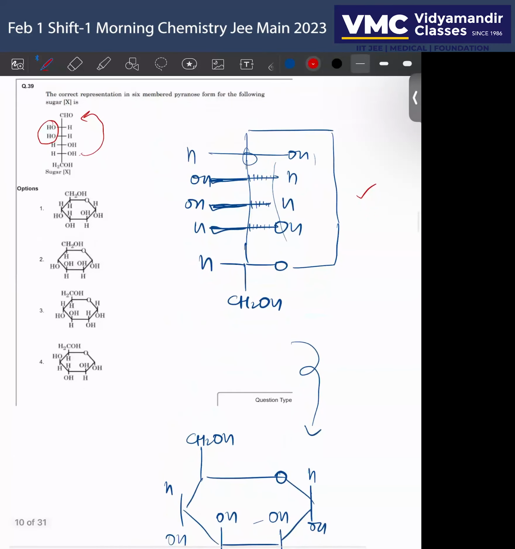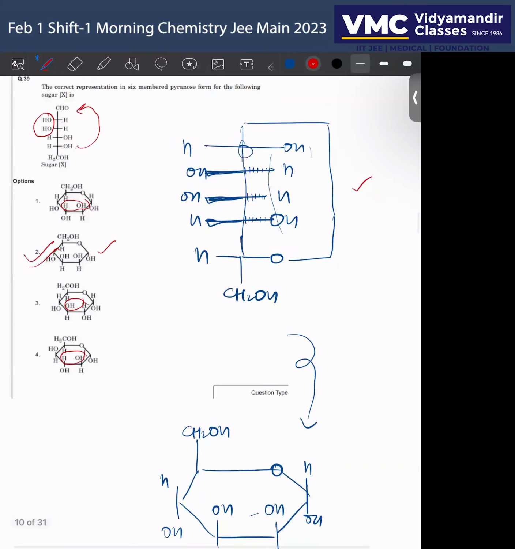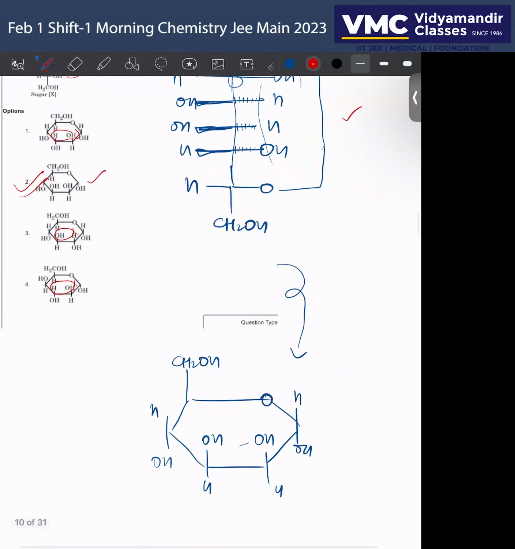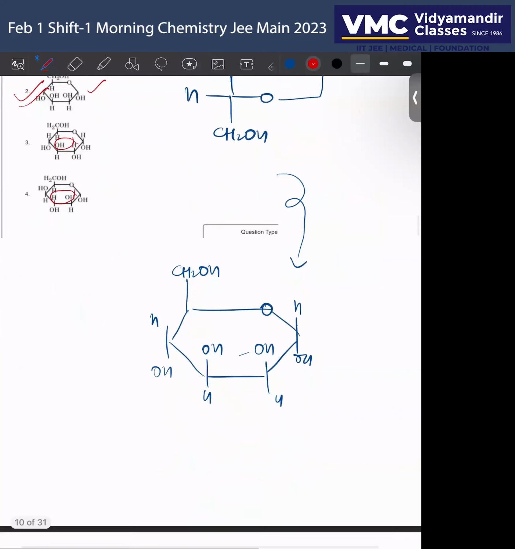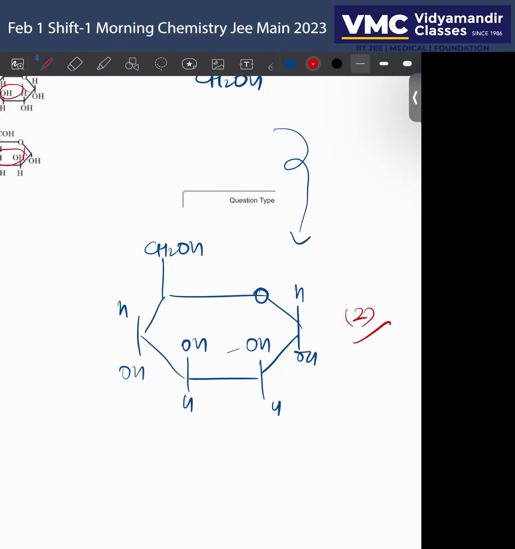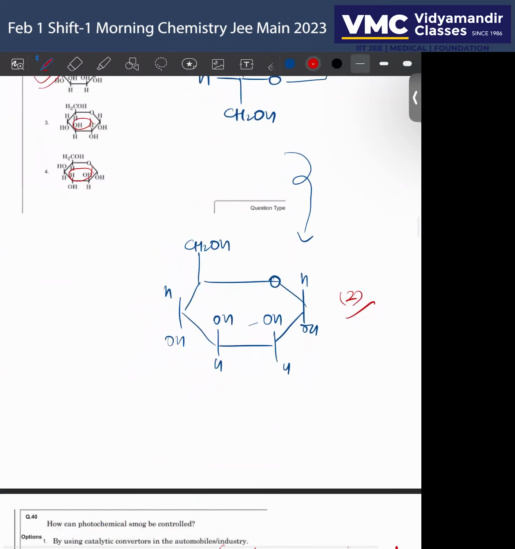In the options, we'll see in which of the options these OH are above the plane. This is not correct. This is correct. This is also not correct. And this is also not correct. So option number 2 will match and the correct representation of the same will be like this. And hence option number 2 will match. So 2 is correct.